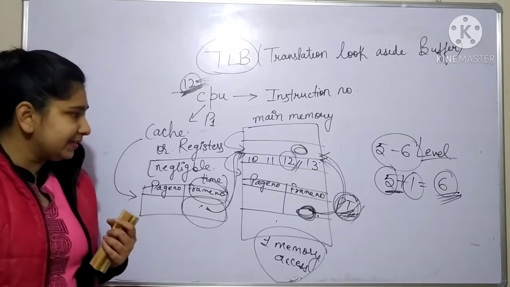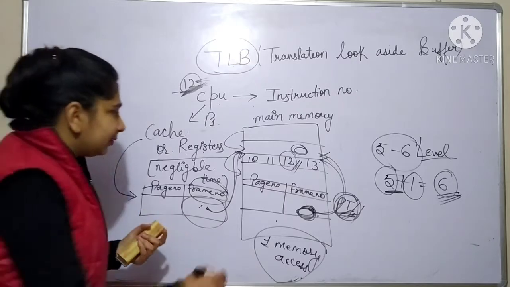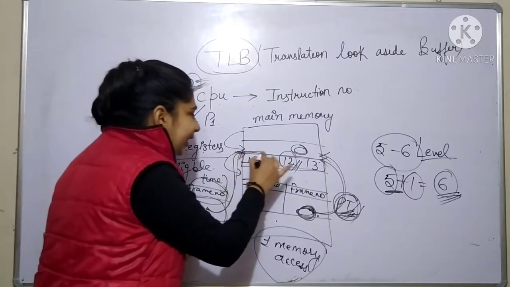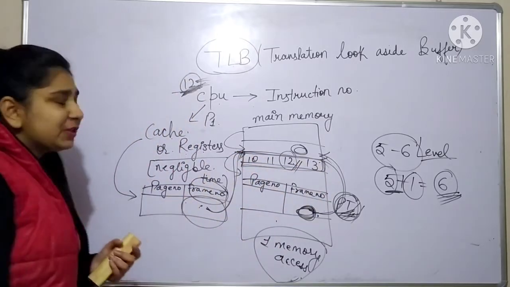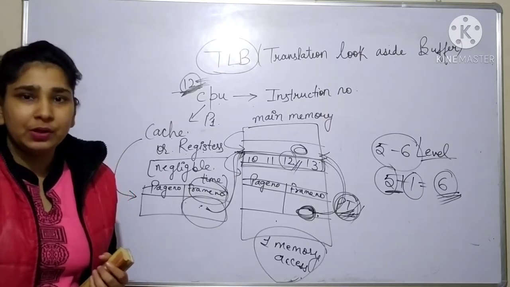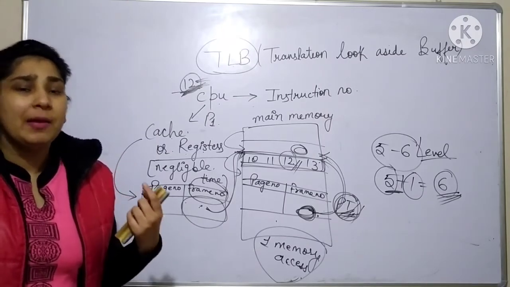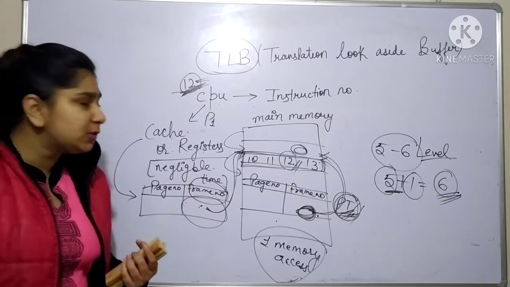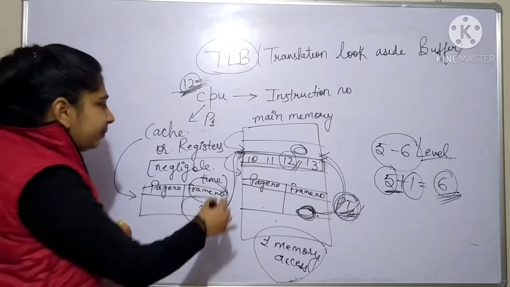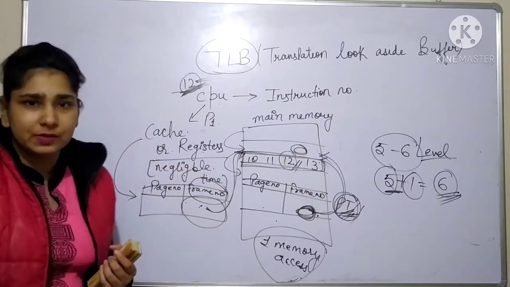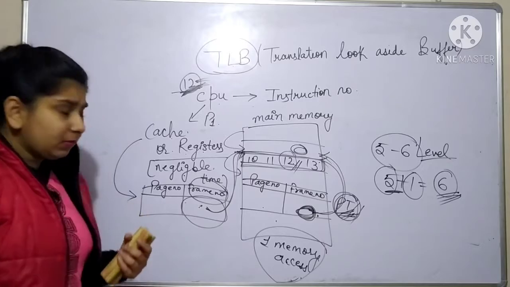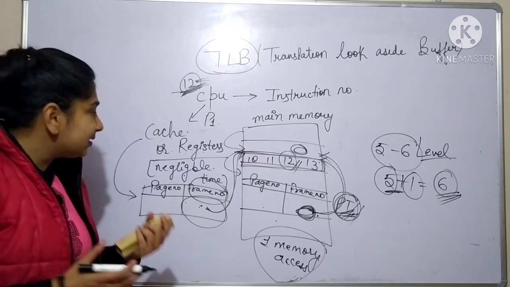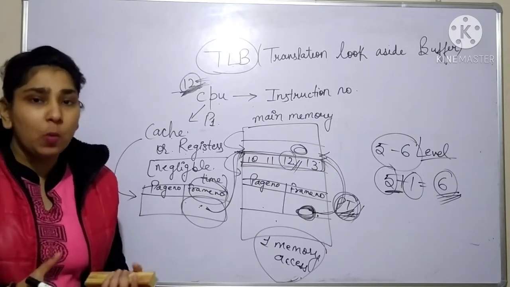So the question is, why don't we keep the complete frame in the registers or in the local cache? Then you wouldn't need to access main memory at all. Even a single main memory access wouldn't be needed if you keep the entire frame in the registers. But the problem is that the size of registers is very small.